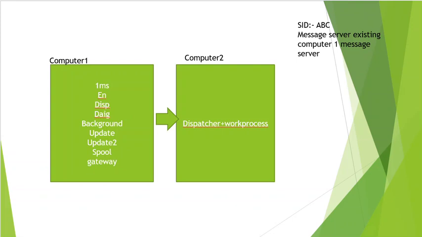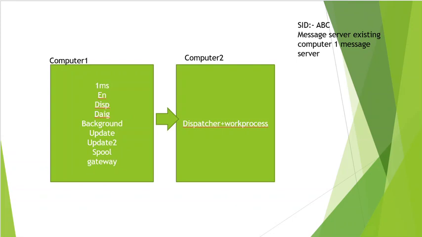That's what people think. But what we are doing here is not installing two different SAP systems. We are building only one SAP system with two servers, which means one single SAP system is running on two different SAP servers.